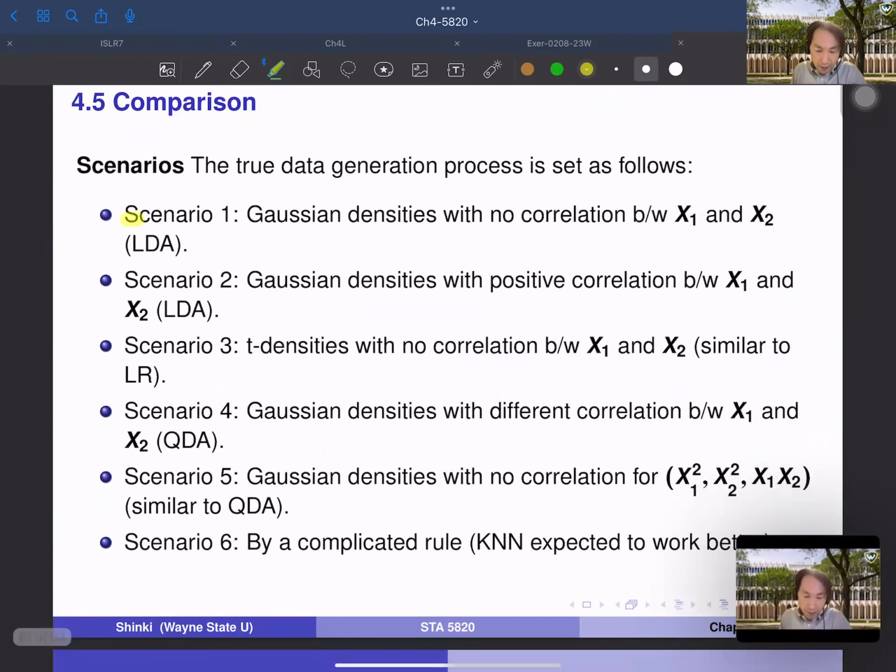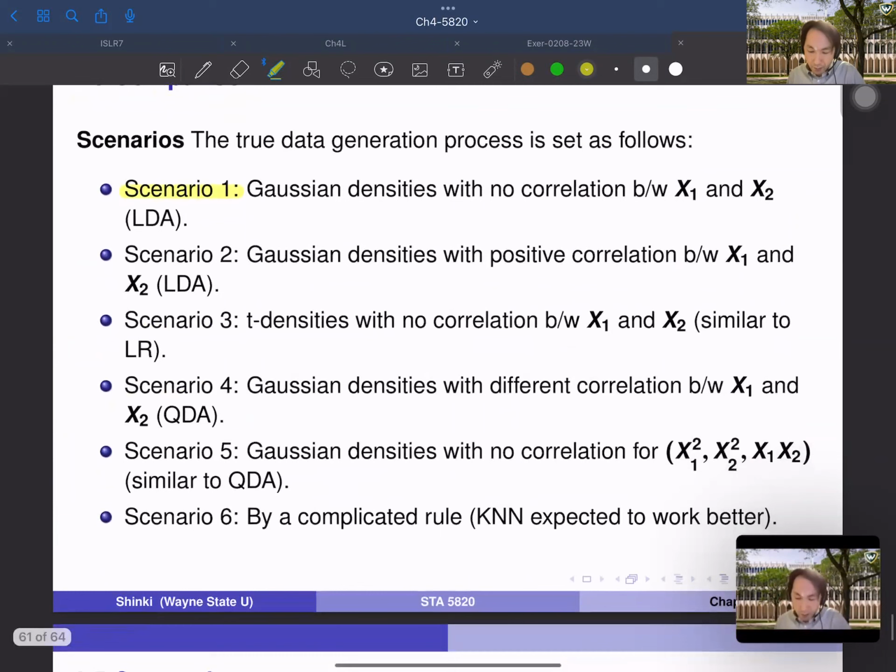In the first scenario, two Gaussian densities with no correlation between x1 and x2 are given. One is like this contour and the other is this contour.